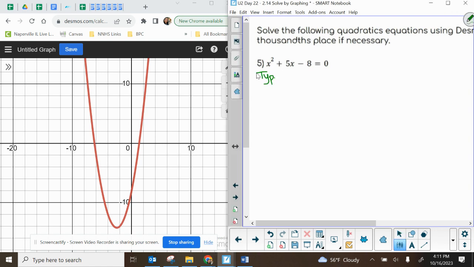in Desmos y equals x squared plus 5x minus 8. So really what I'm doing is I'm saying y equals the left side of the equation, and then you could also say y equals the right side of the equation, but I don't need to do this because this is the y-axis. The x-axis, sorry.